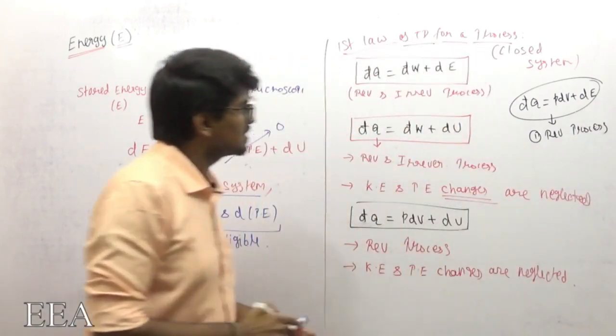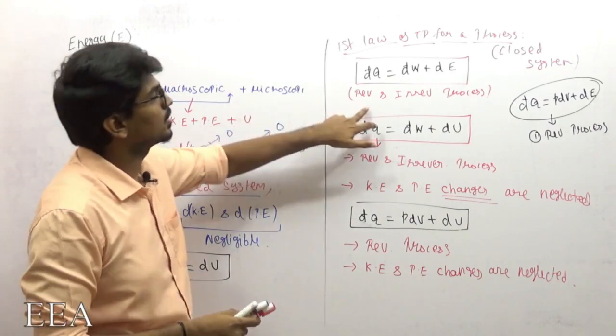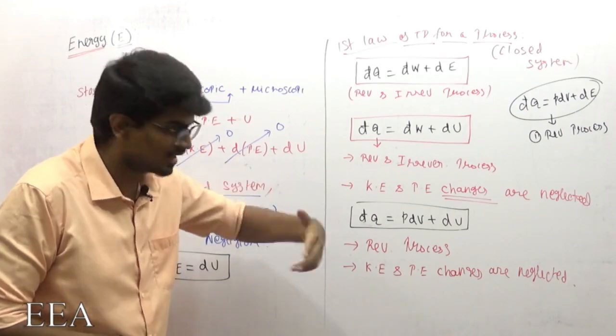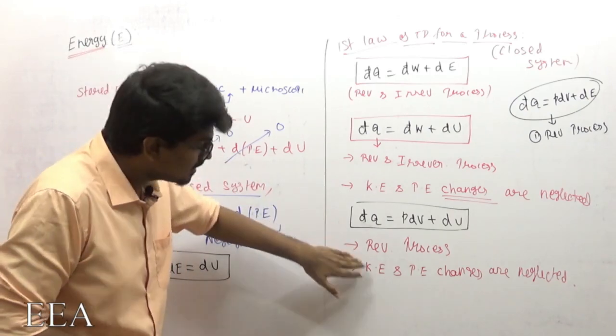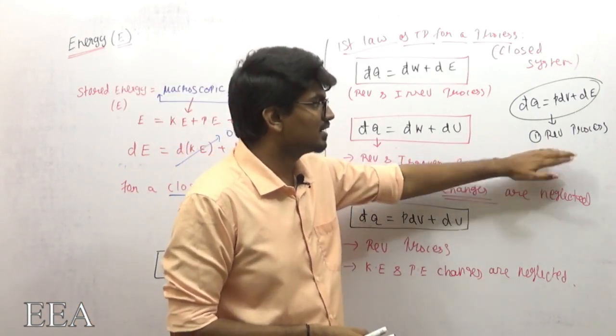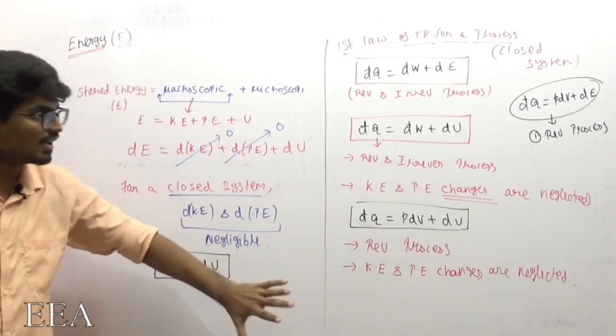All the equations are applicable for closed systems. But this first equation is applicable for both reversible and irreversible. Second, reversible or irreversible, with kinetic and potential energy changes neglected. Third, only reversible, with kinetic and potential energy changes neglected. Fourth, reversible only, where I am not neglecting the changes in kinetic energy and potential energy. Very, very important.